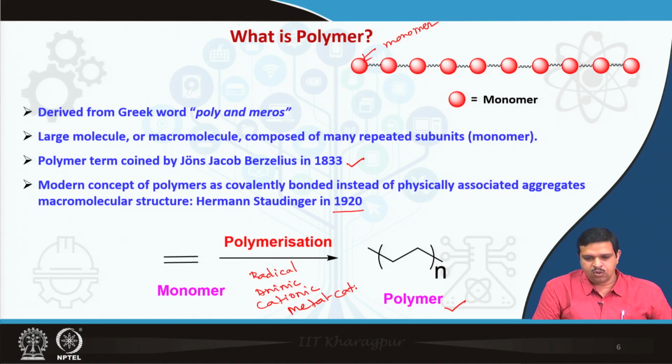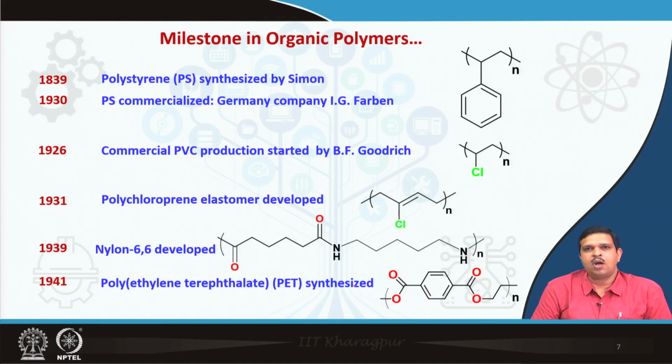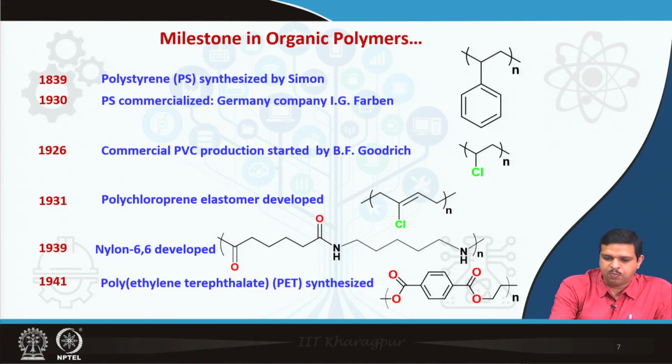Okay. So, now we know what polymers are. In the next 2 slides or so, I will show the polymers we see in our daily life. For example, polystyrene, which I am sure many of you know we use regularly in our daily life, and this is the basic structure. What is the starting material? This is the monomer.